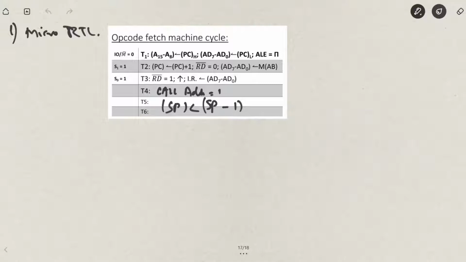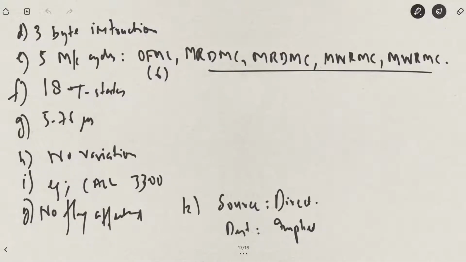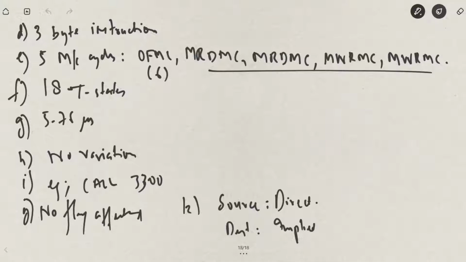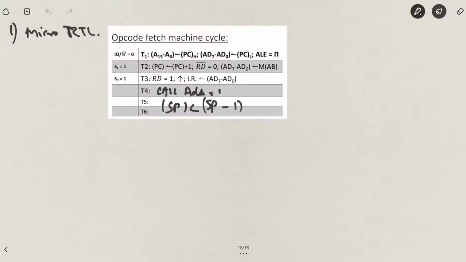Where we are storing the address, we are storing the MSB at SP minus 1. So SP minus 1 needs to be loaded onto the stack pointer, not SP. We do not start with SP from the topmost. One loads the stack pointer.